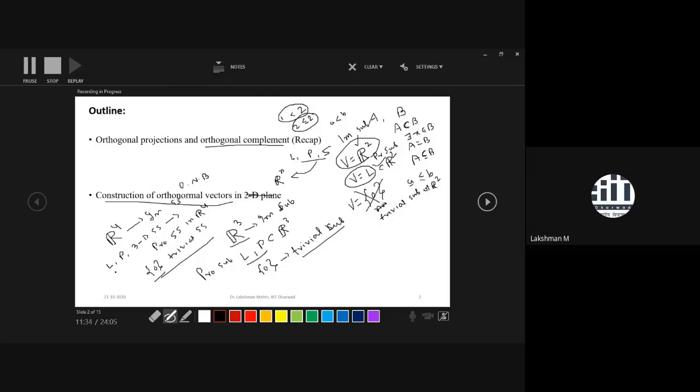Line is a one-dimensional subspace, plane is a two-dimensional subspace, 3D space is a three-dimensional subspace in R4. So you have three different kinds of proper subspace in R4: one-dimensional, two-dimensional, and three-dimensional. But if you are in R3, you have just two kinds of proper subspace: a line, which is one-dimensional, and a plane, which is two-dimensional. If you are in R2, you have only one kind of proper subspace. What is that?